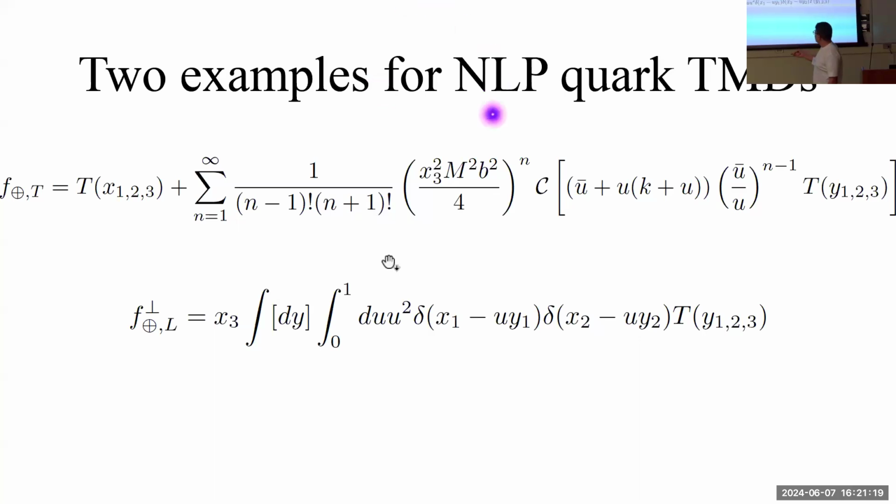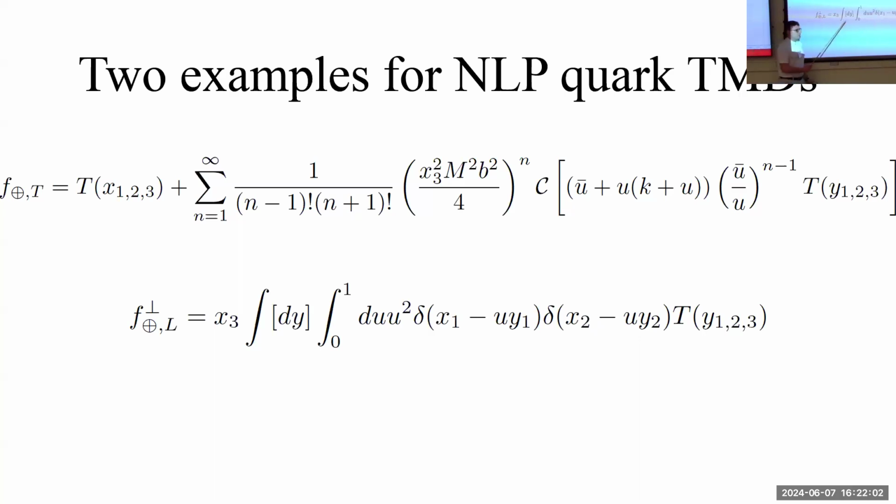We can see the leading term. The first term is the collinear PDF. The first term can be very simple when the TMD has a corresponding collinear PDF, or it can be a more complicated convolution when there is no corresponding PDF to the TMD.